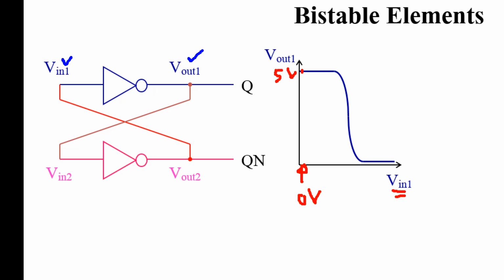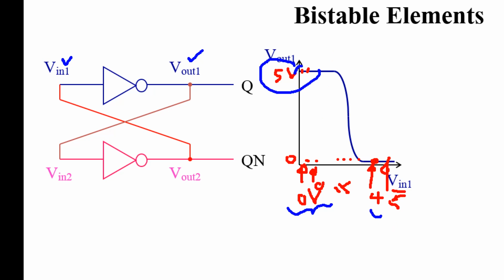If you apply 0.5, output is also 5 volt. If you apply input of 4 volt, output maybe 0 volt. If you apply 5, output is also 0 volt. So if you apply low level, output will be high. If you apply high, output will be 0. So it inverts, right?